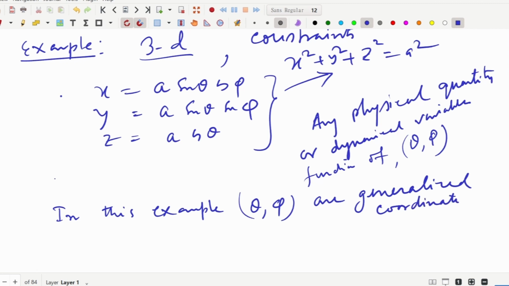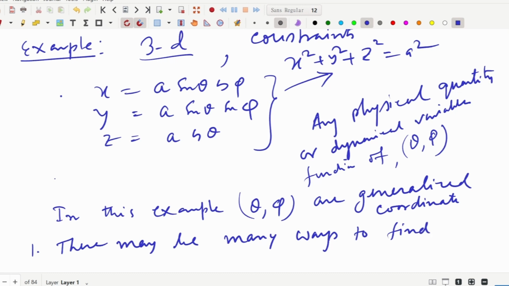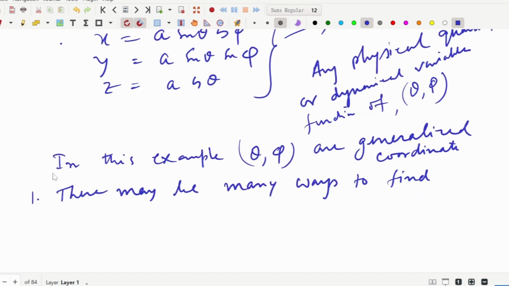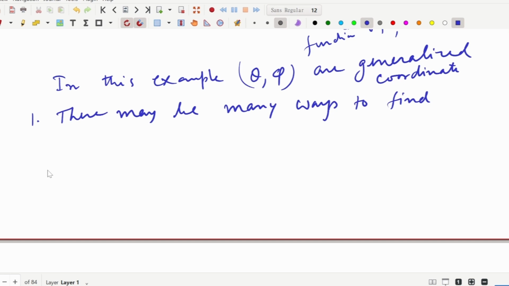In this context, I want to mention that there may be many ways to find generalized coordinates, but one has to be careful to choose the generalized coordinates which will be helpful for calculation.